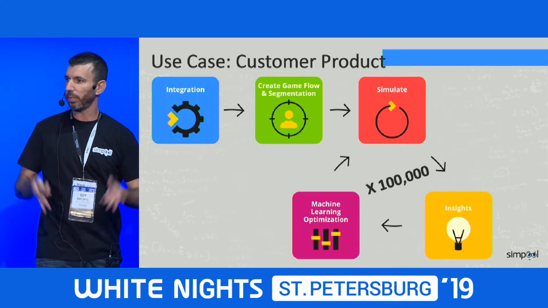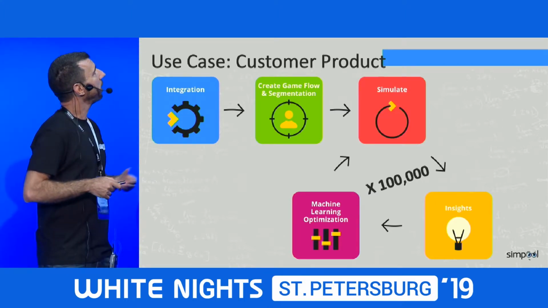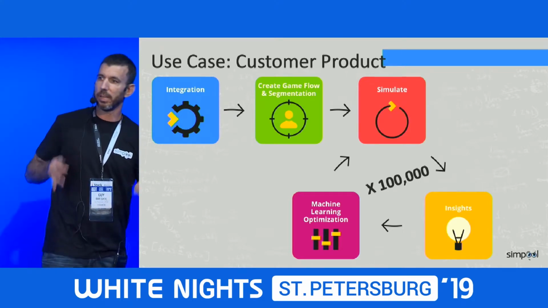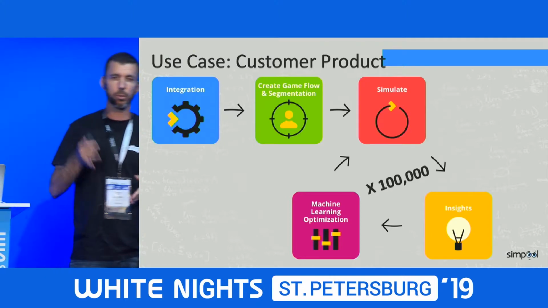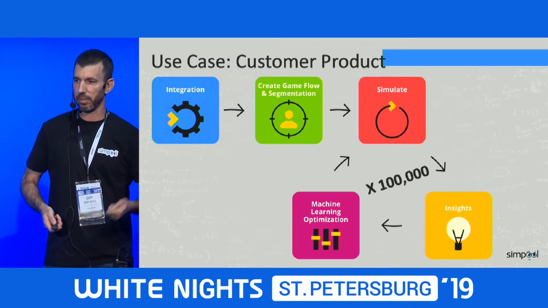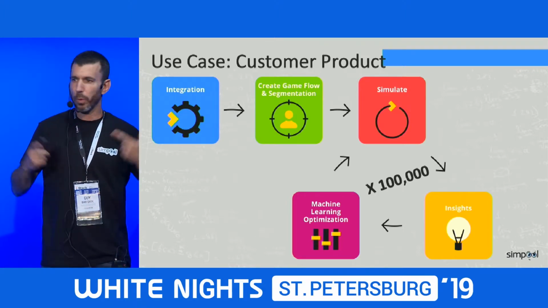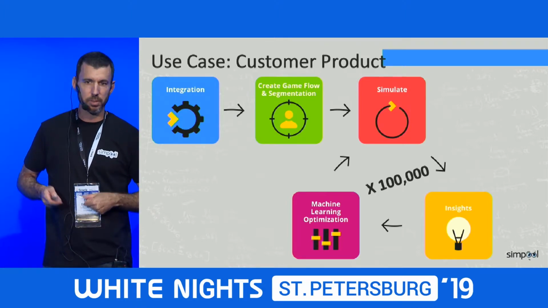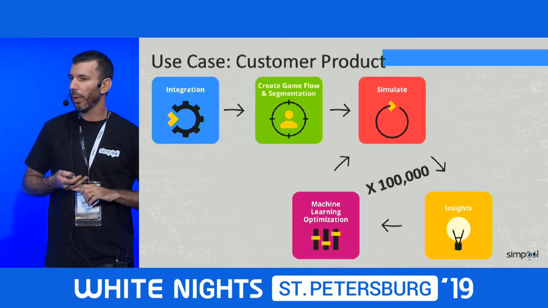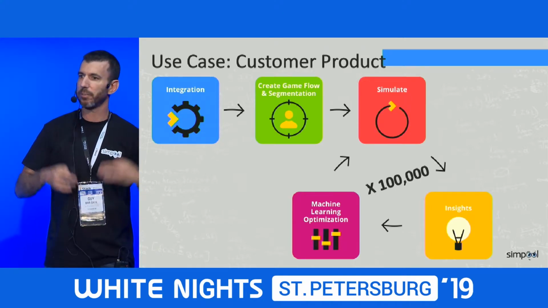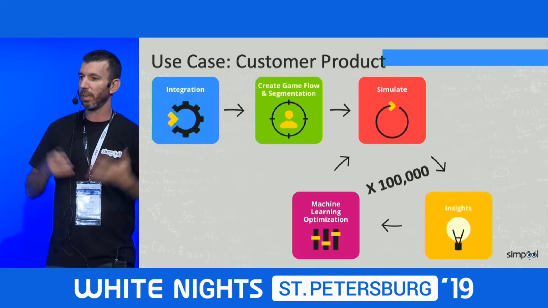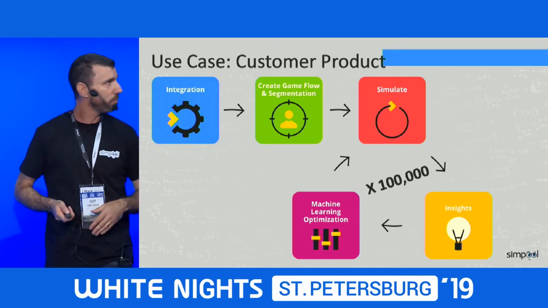We collect the data, we define the structure, we create the segments, we run the simulation, we learn the insights, and with today's machine learning technology, we are able to instruct the machine to learn and adjust itself. Bear in mind that we, as game developers, when we need to take a decision as a group of people, can share a few opinions and raise a few ideas. The benefit of the machine is that it can run these options hundreds of thousands of times.